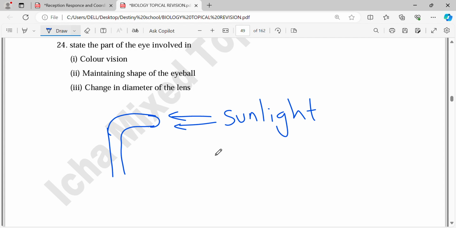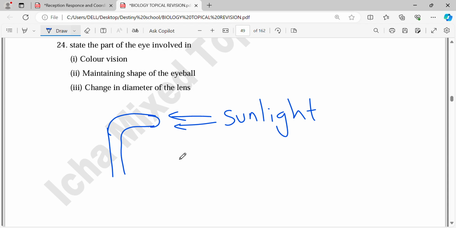The type of response would be positive phototropism. We don't just say phototropism, because there's negative phototropism and there's positive phototropism. If it grows towards the stimulus, you must add that positive. You must add that, so that we have positive phototropism, and you write the spelling very well.